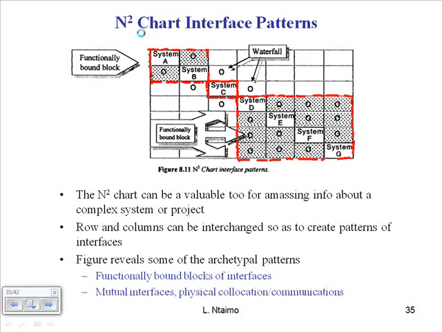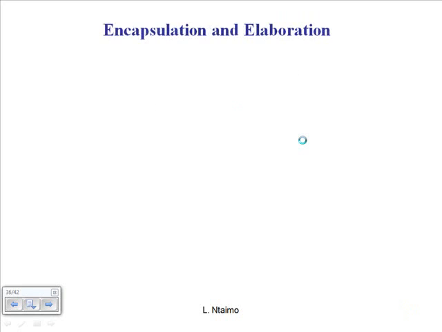Okay? If I change A, B, C, D order, it's going to change the entire pattern. So when you create an n-squared chart, you should keep in mind that you can change the order of your entities in the leading diagonal. And that's going to affect the outcome of the patterns or the interfaces that you're going to have in your n-squared chart.